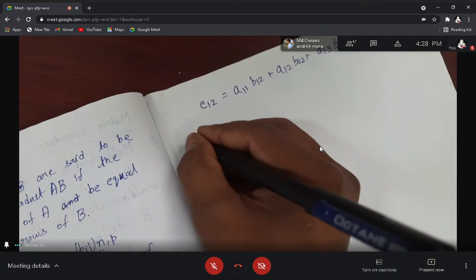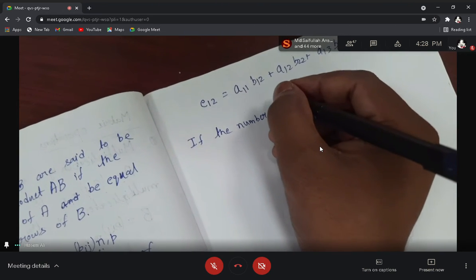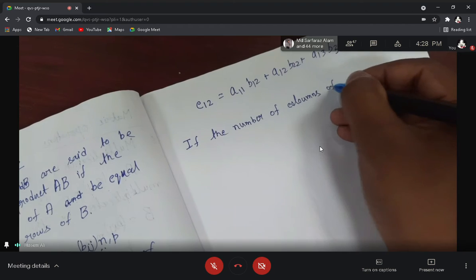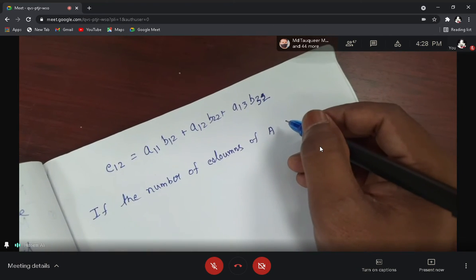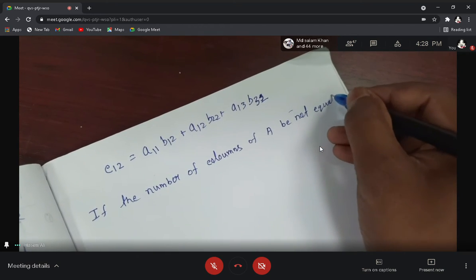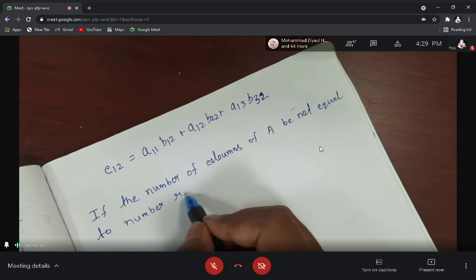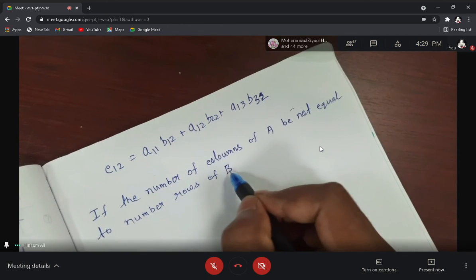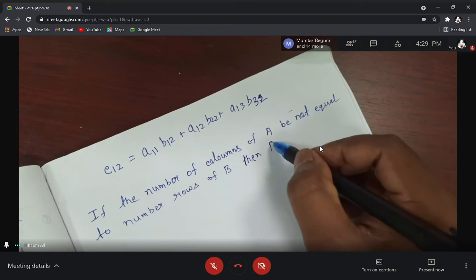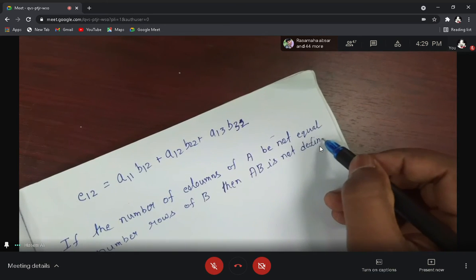If the number of columns of A is not equal to the number of rows of B, then AB is not defined.